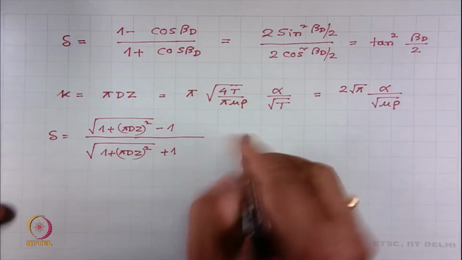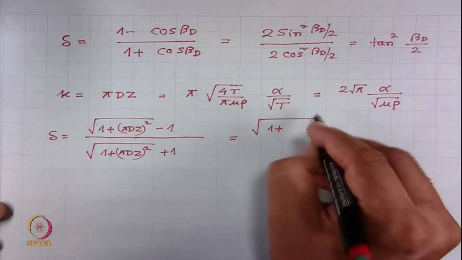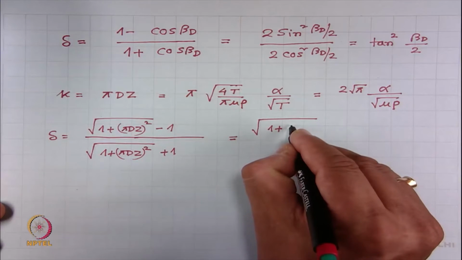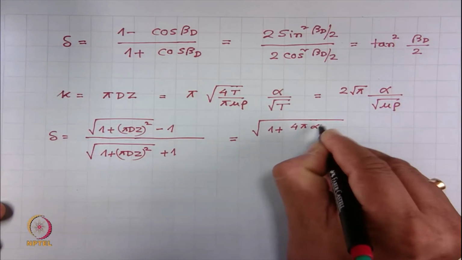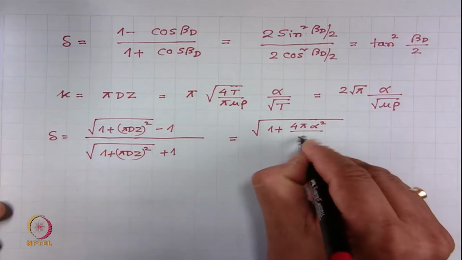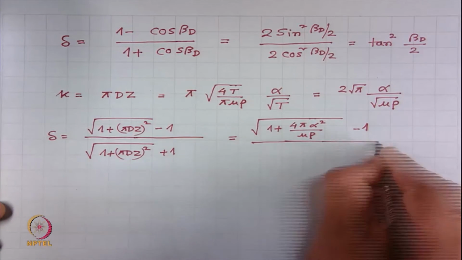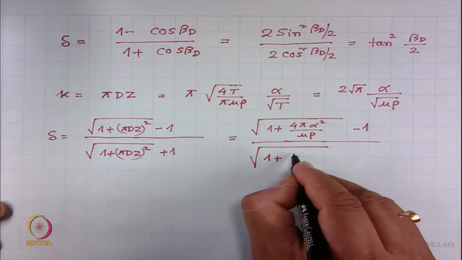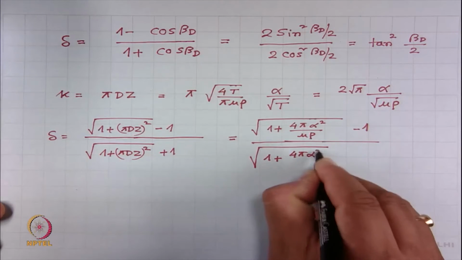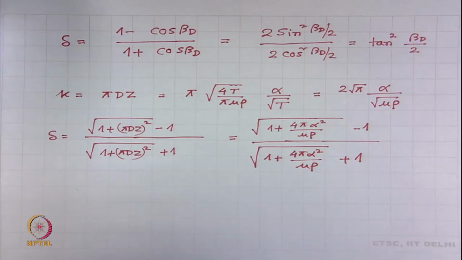So, what we obtained is 1 plus 4 pi alpha squared by mu into rho minus 1, by 1 plus 4 pi alpha squared by mu into rho plus 1, right. We obtain this expression.